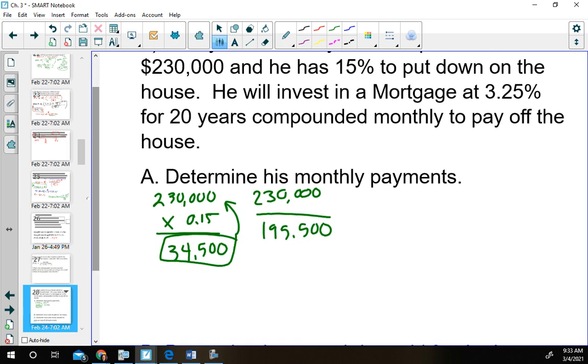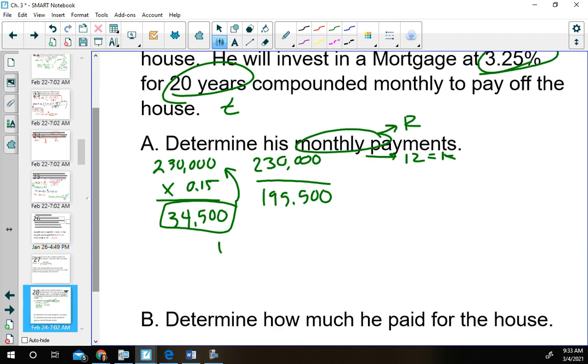So if I'm determining his monthly payments, okay, that's going to represent my R. I'm going to use 12 for my K's. I've got my interest right here, my time here. Okay, so I'm trying to find R. So I'm using this 195,500. Trying to find R. I'm using my loan one.